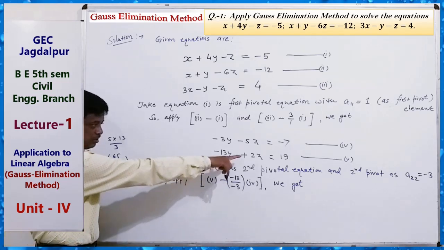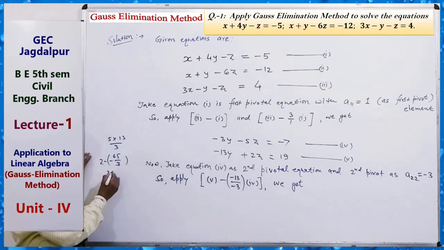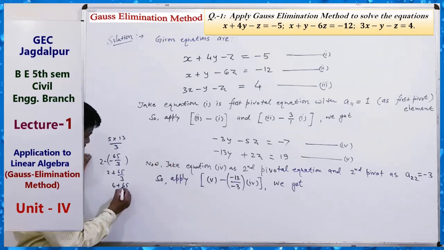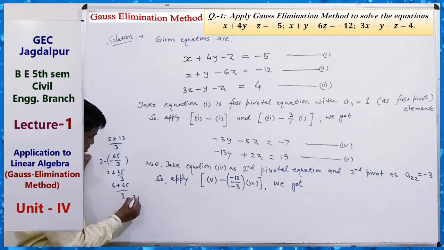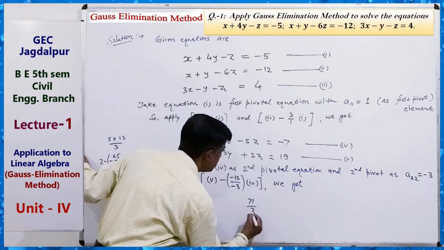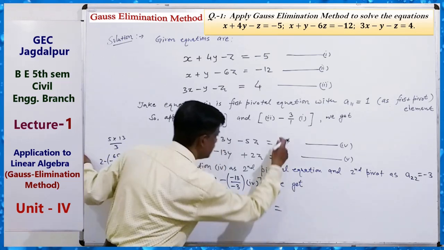So here will be 0. Here 2. So 2 plus 65 by 3. So 6 plus, just solve it. 6 plus 65 by 3, 71 by 3. So 71 upon 3 z is equal to here.